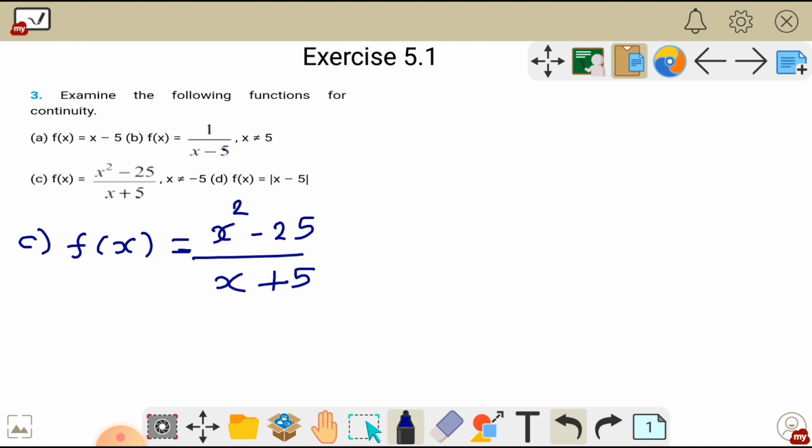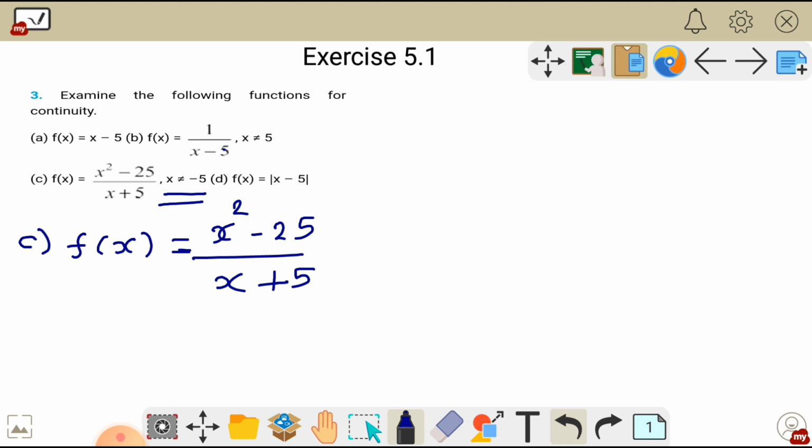So f of x is equal to x square minus 25 upon x plus 5. The condition for this is x is not equal to minus 5. I am not writing it here, but you can see from the question. So minus 5 is not in the domain of f.